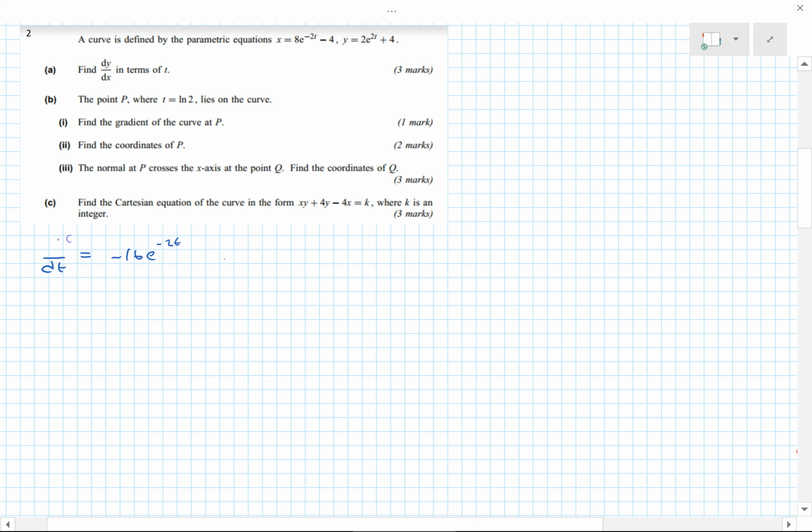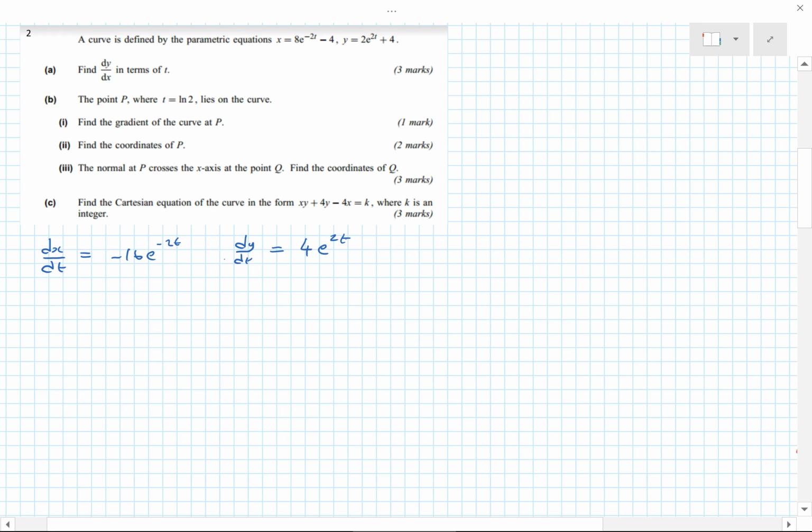So let's say dx by dt is that. Dy by dt, similar type of thing. We've got a 2t as our exponent, so we're timesing by the 2. So that's equal to 4 e to the 2t.